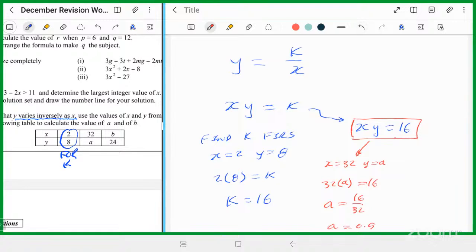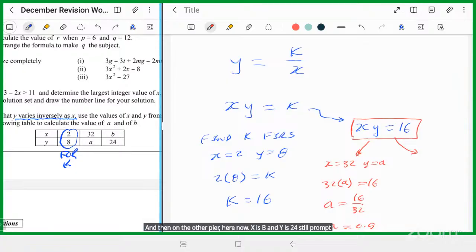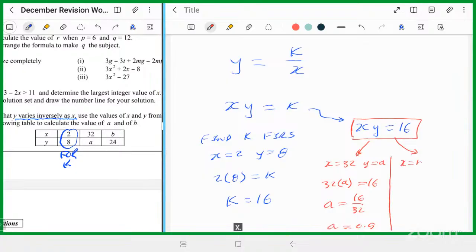And then on the other pair, x is b and y is 24. Still the product is 16. The product of these two things is still 16. So b times 24, if you plug them into this equation, is equal to 16. Divide by 24, and you get b equals 16 over 24.